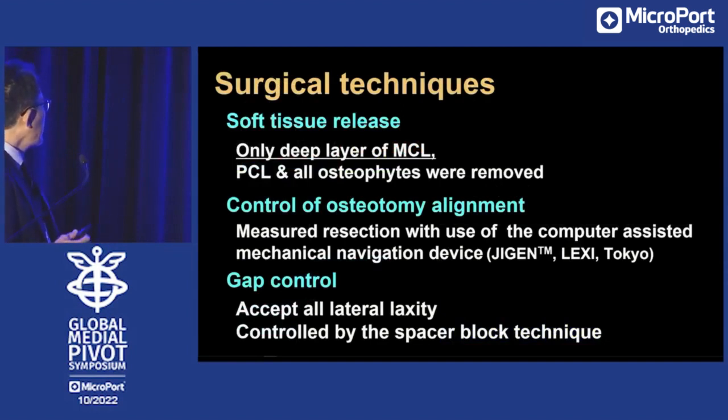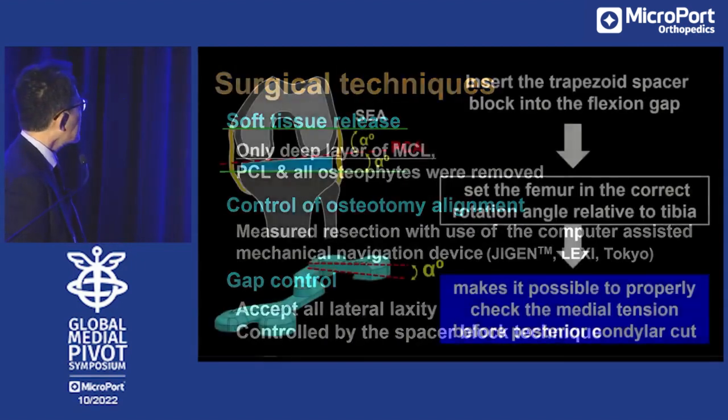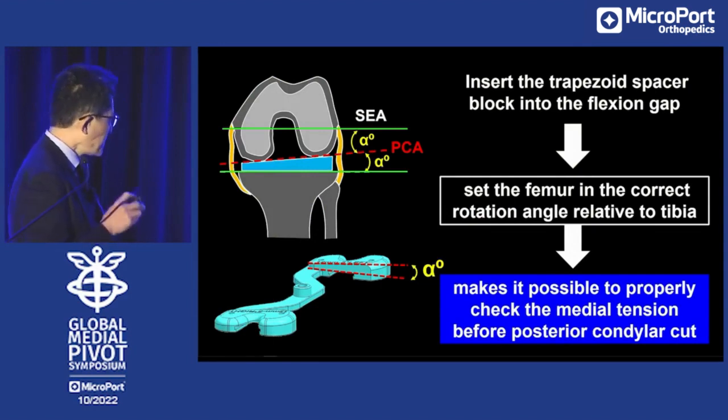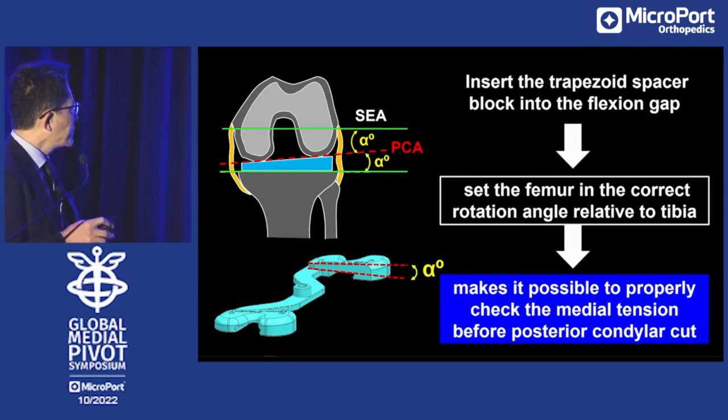Intraoperative gap control is done with a spacer block that we originally developed. This trapezoid spacer block has an inclination angle which is the same as the angle between the SCA and the PCA. So inserting this trapezoid spacer block into the flexion gap sets the femur in the correct rotation angle relative to the tibia.